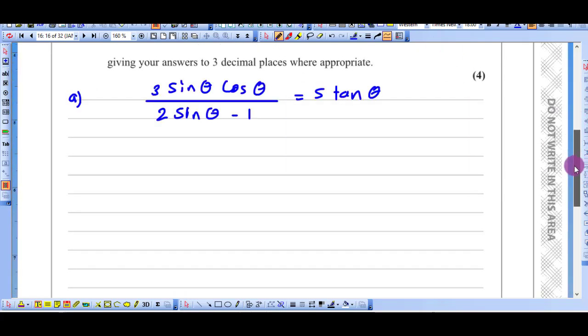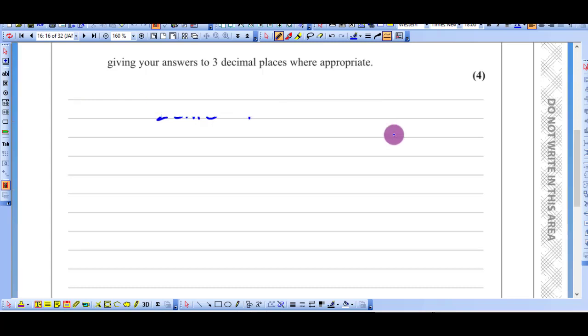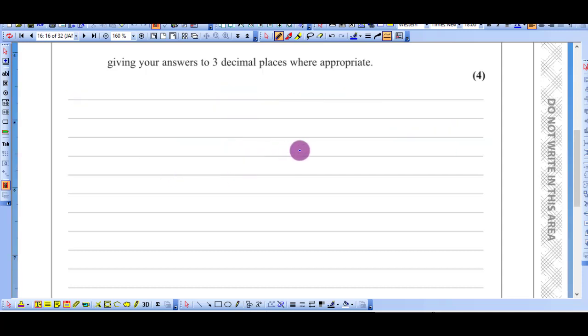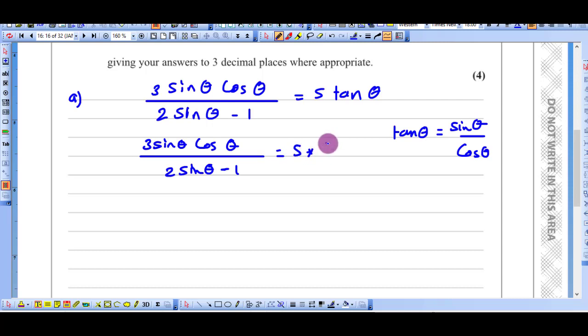We know that tan theta is equal to sine theta divided by cosine theta. So let us start now to write this equation in this form. 3 sine theta cosine theta divided by 2 sine theta minus 1 equal to 5 multiplied by sine theta divided by cosine theta.